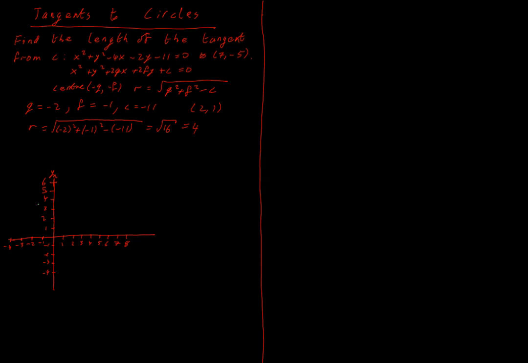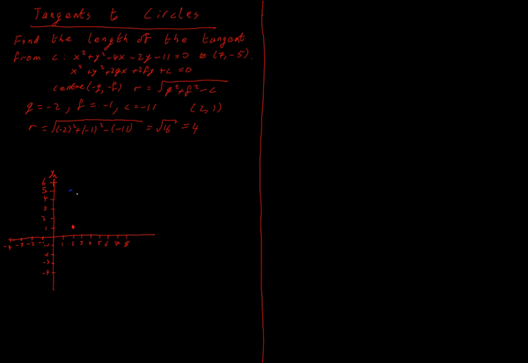So let's do it. I've drawn in my axes here to save us some time. When you're drawing this on squared paper or in the exam, you can be a lot more accurate than me. We know that our center is at (2, 1), about here. And I know that my circle has a radius of 4, so I'm going to go up to 5 here.